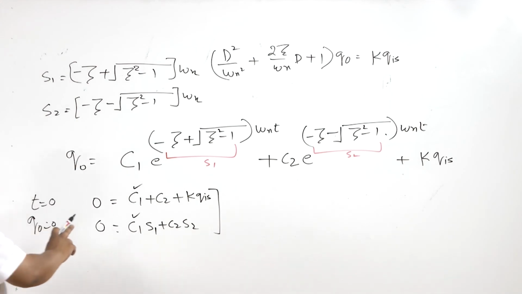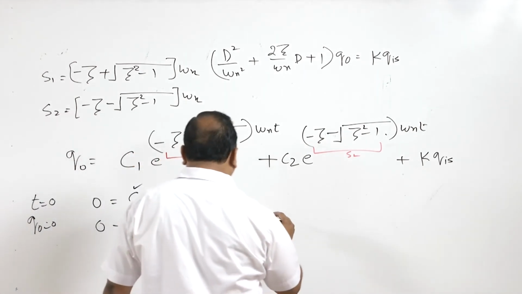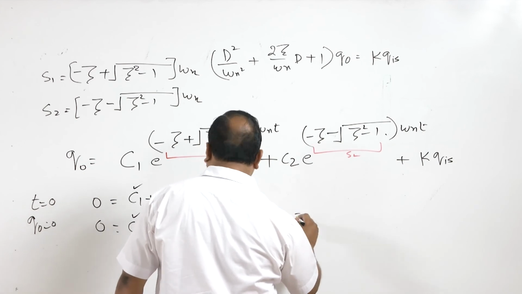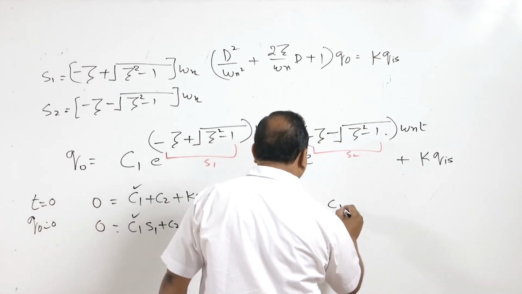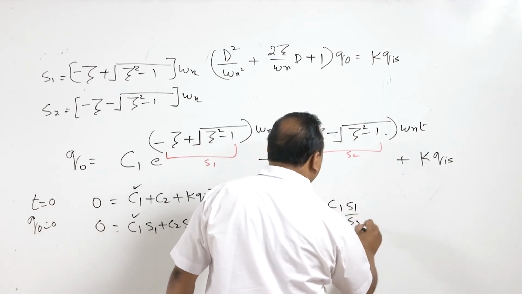So here we can say that C2 is equal to minus C1 S1 by S2.